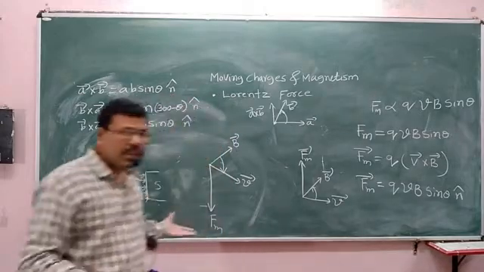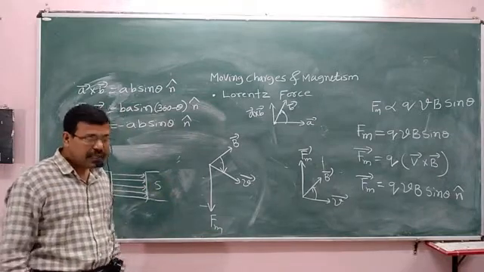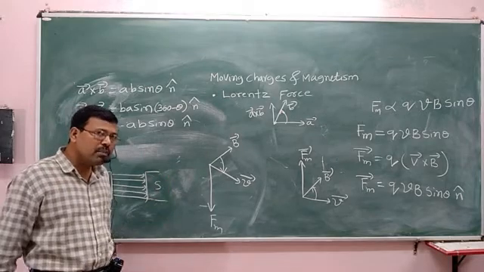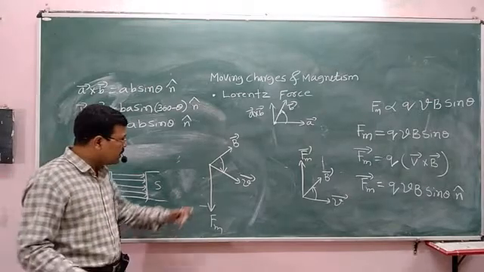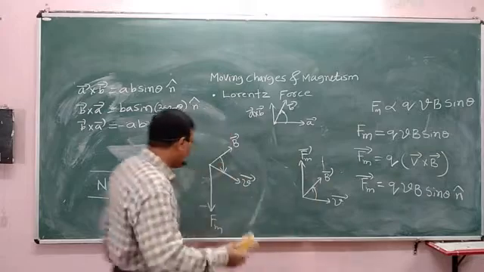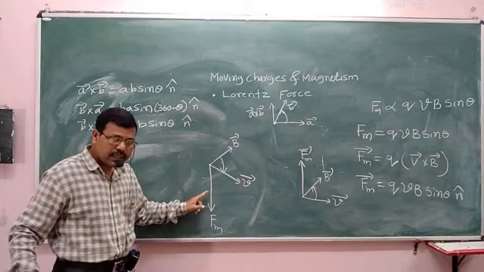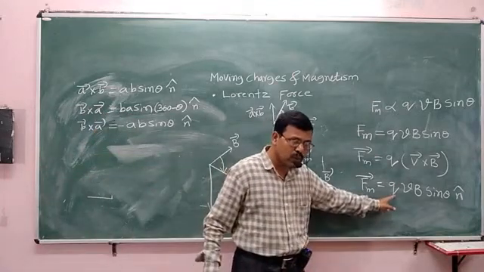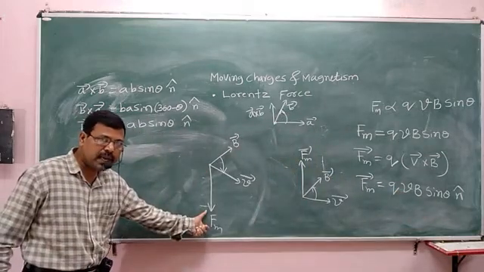Fine. So this is about the magnetic force experienced by the charged particle. And I was also talking about the nature of path. If the angle between these two vectors, vector V and vector B, is theta, in this case Fm will be equal to minus QVB sin theta.